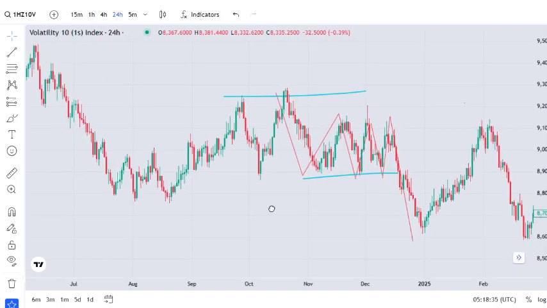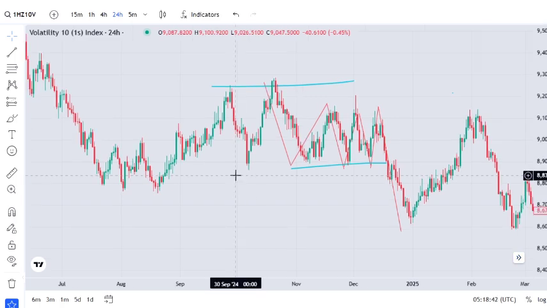Now, when the market goes for the liquidity below previous lows in a bearish trend, that liquidity it is targeting is called the external range liquidity. External range liquidity, as the name implies, targets the external part of the swing structure.